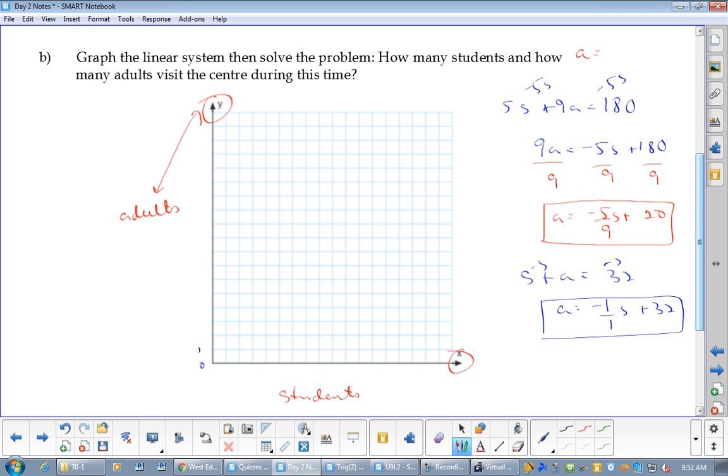So 0, 2, 4, 6, 8, 10, 12, 14, 16, 18, 24, 26, 28, 30, 32. I'll even put a 34 in there, just because I like you guys. So the bad thing about this blue is it doesn't show up with the photocopier.